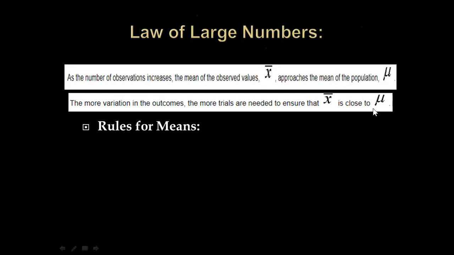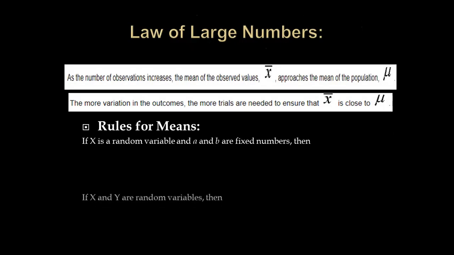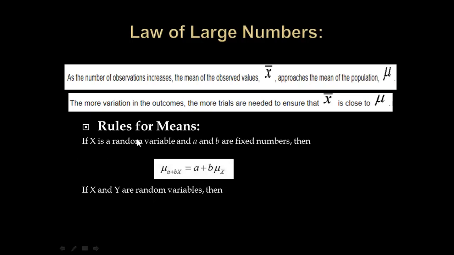So we have the rules for means. If x is a random variable and a and b are fixed values, then if x and y are random variables, we have these formulas: mu of a plus b of x is equal to a plus b multiplied with the population mean for variable x.